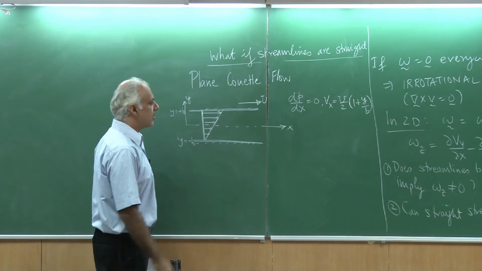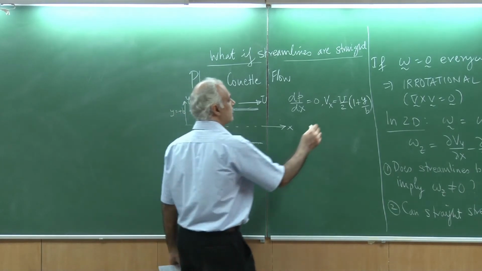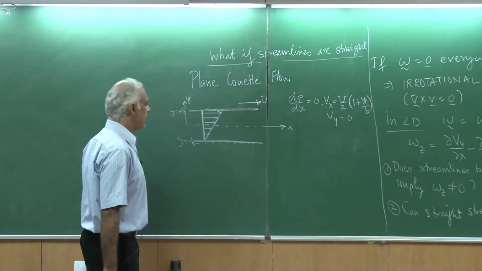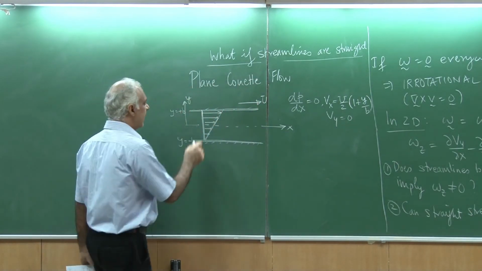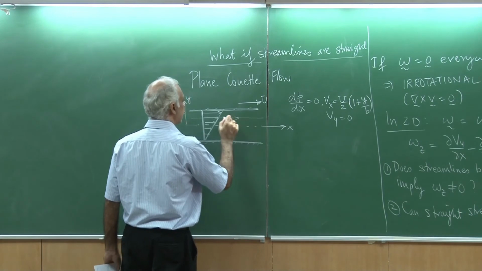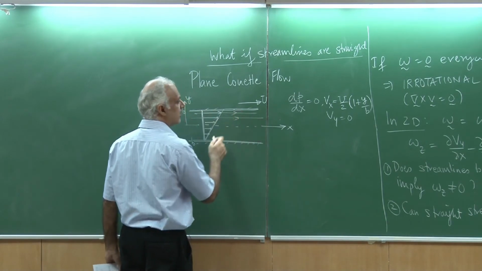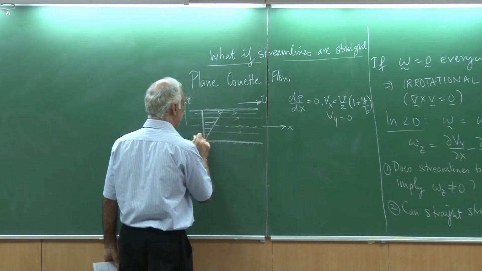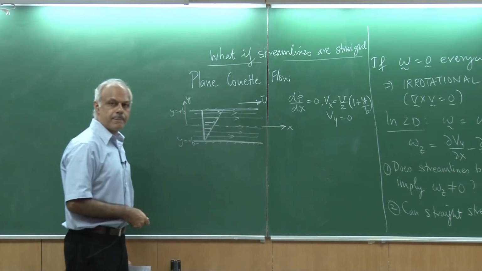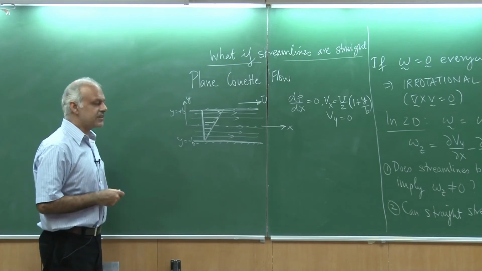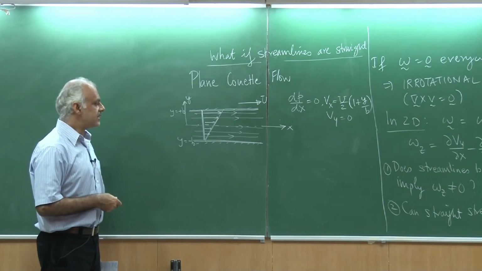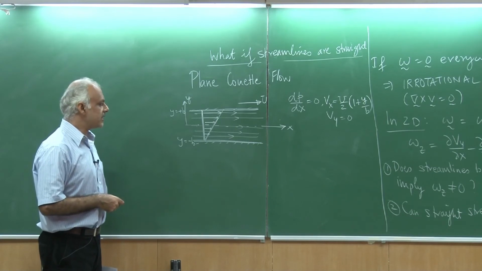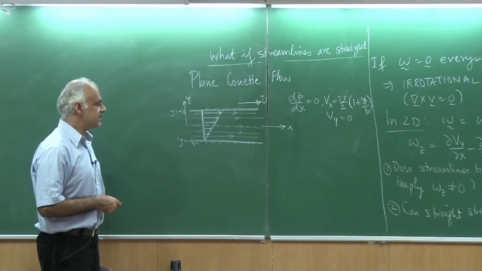You get a linear velocity profile, and of course Vy is 0. So if you draw the streamlines, they are straight lines, simply because Vy is 0. And that's the question we are asking: does this make the flow irrotational just because there are straight streamlines?